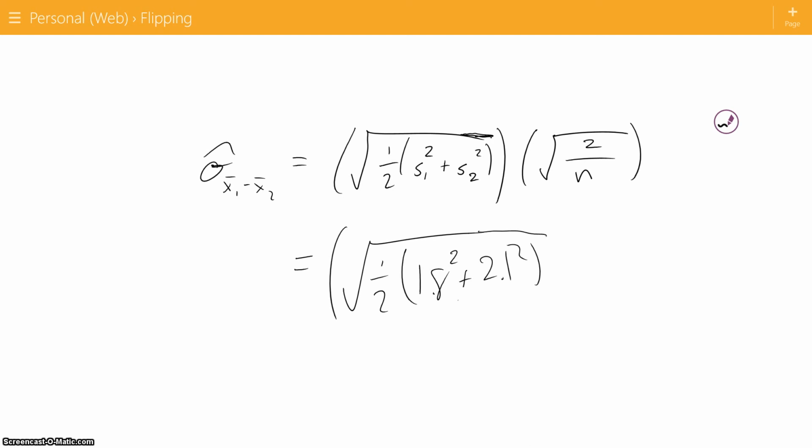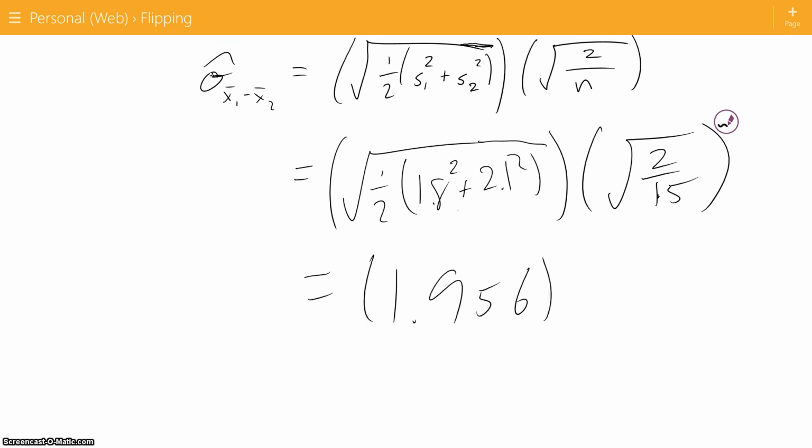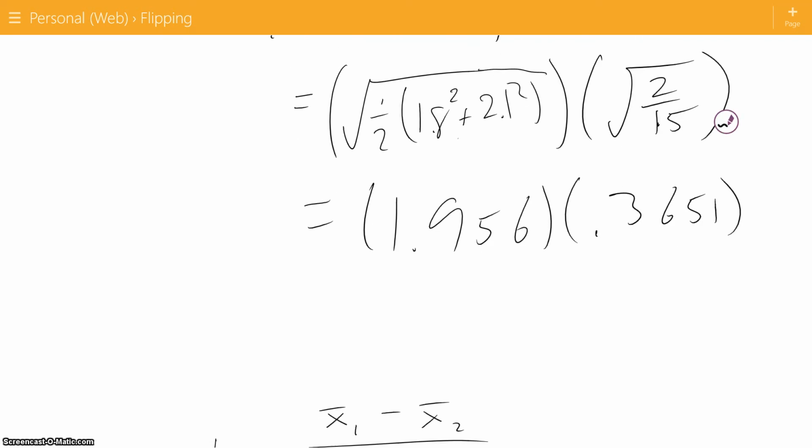All that times the square root of 2 over n. And n, let's plug in for that, we said was 15. So if we do the calculations there, we'll see that we get 1.956 times 0.3651. And if we simplify that, we'll get equals 0.7141. This is the standard error of the difference between the two means.